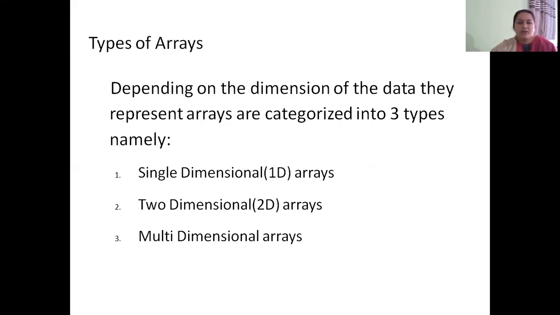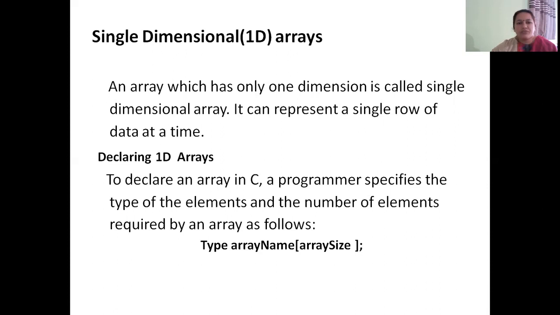So depending on how many dimensions the arrays will have, they are classified into 3 types: single dimensional array, 2-dimensional array, and multi-dimensional array. So in the further part of this video, let's understand single dimensional array in detail.